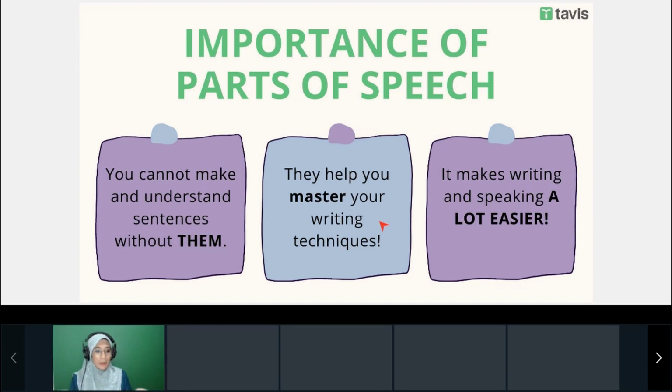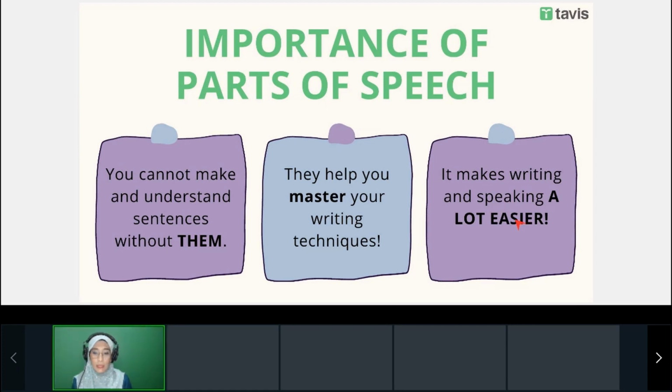I love ayam masak merah, maybe. So again, you know where I is, you know where love is to put in a sentence, and ayam masak merah, there is a subject, verb, and an object. A very simple sentence, and it makes writing and speaking a lot easier as well. So if you know your parts of speech, it is going to ease your life when it comes to writing and speaking.